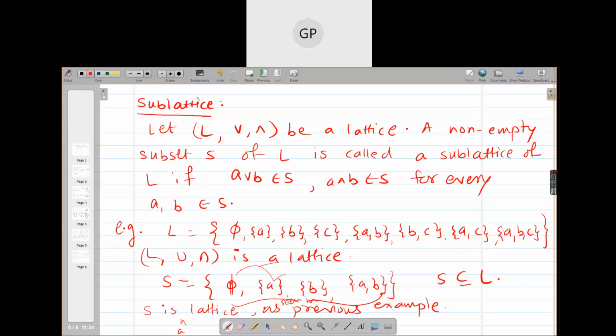It is not going outside S. The union and intersection of any pair will again be in S. Yes or no? Yes, any pair from S, if you choose, its union and intersection will again belong to S. I can write this: for any X, Y belonging to S, X union Y belongs to S, and X intersection Y also belongs to S, and therefore S is a sublattice.